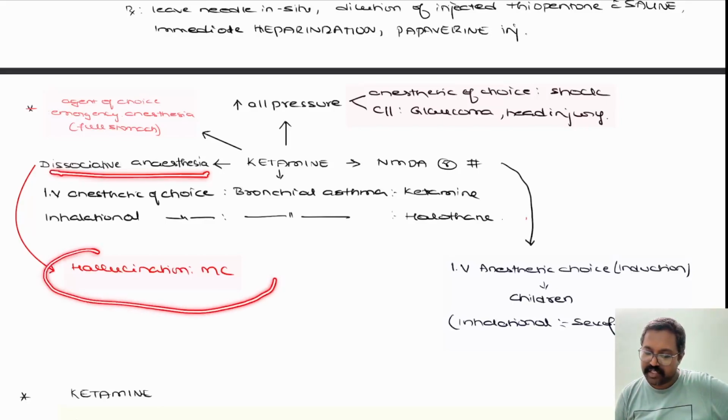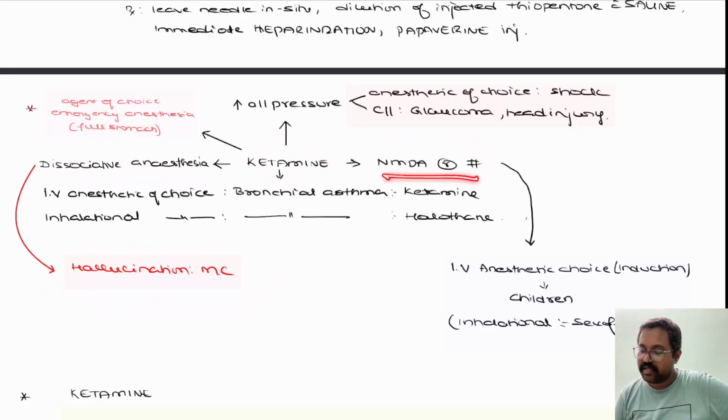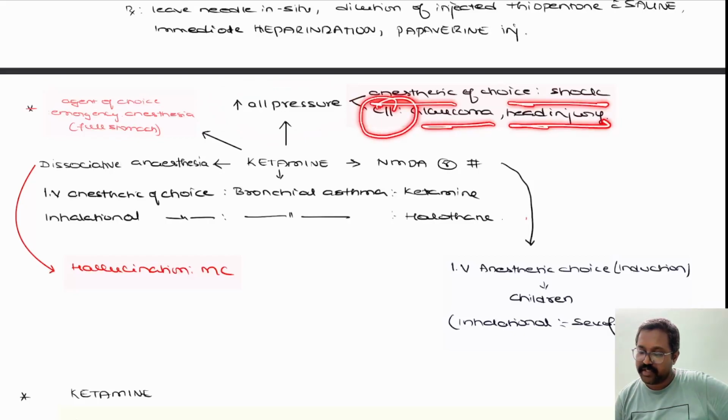It can cause hallucination, the most common. Ketamine is an NMDA receptor blocker, one of the types of glutamate receptors, and it increases all the pressures. It is the anesthetic agent of choice for shock. They are contraindicated in glaucoma and head injury because it increases the pressures in all the cranial cavities.